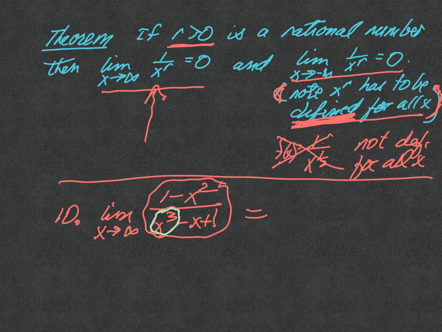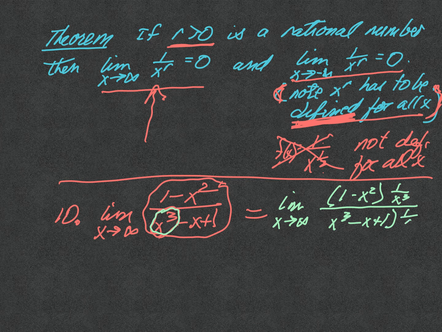That's my highest exponent term. So I'm going to rewrite this as the limit as x approaches infinity of 1 minus x squared times 1 over x cubed, over x cubed minus x plus 1 times 1 over x cubed.